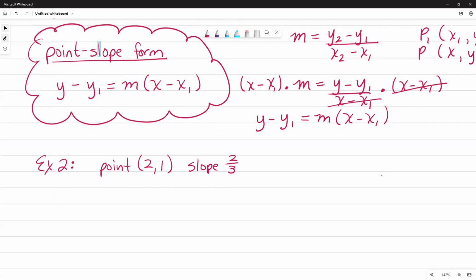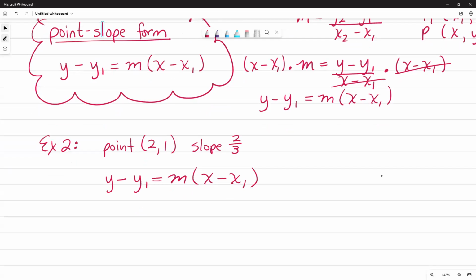So same data, but let's use our point slope form. With point slope form, we have y minus y1 equals m times x minus x1. The point that they just gave us is our point 1, so that's your y1 and your x1. Because remember, in standard form as well as in slope-intercept form, we always have an x and a y. It's y equals something x plus or minus that y-intercept.